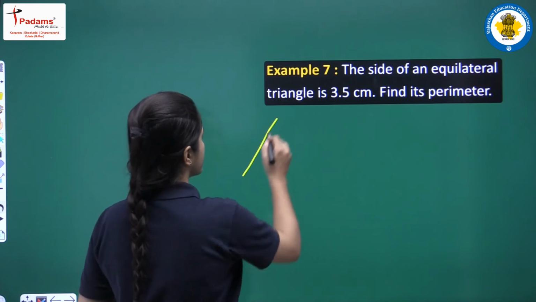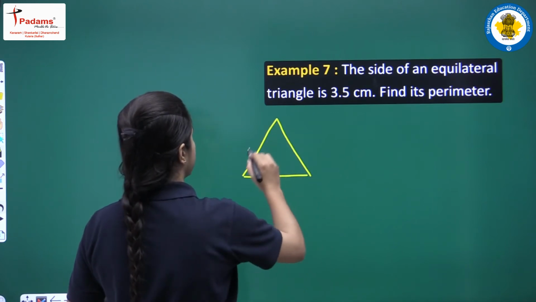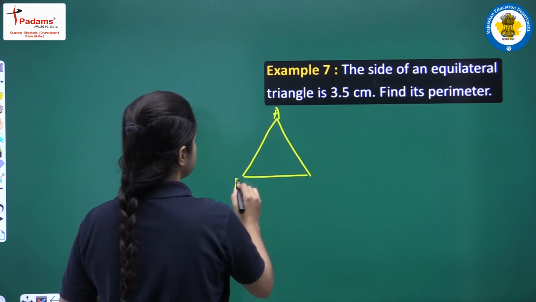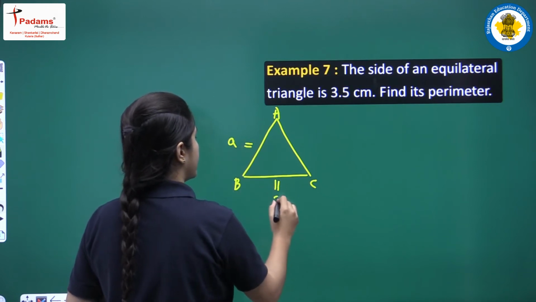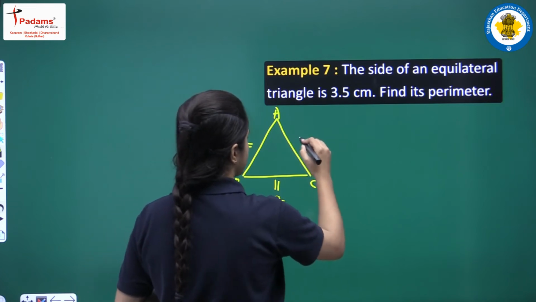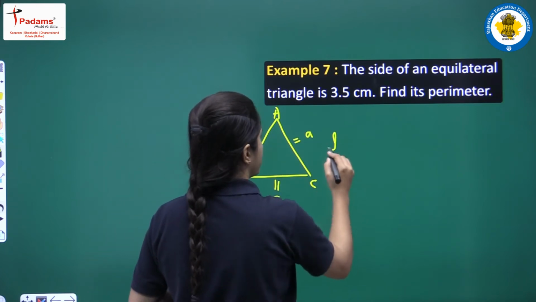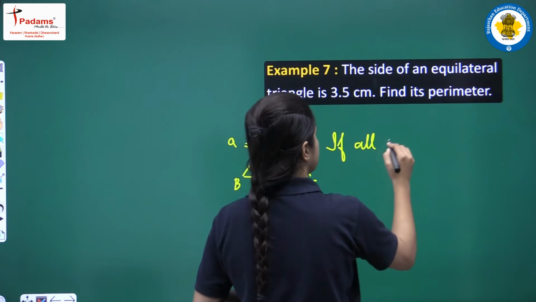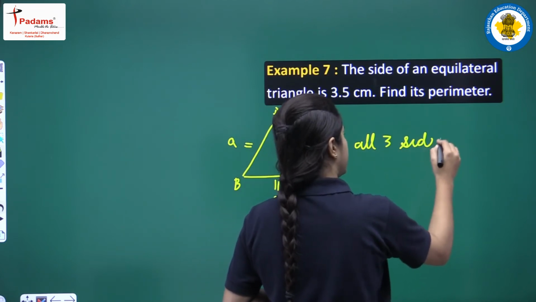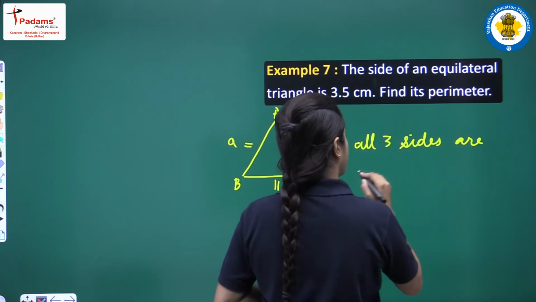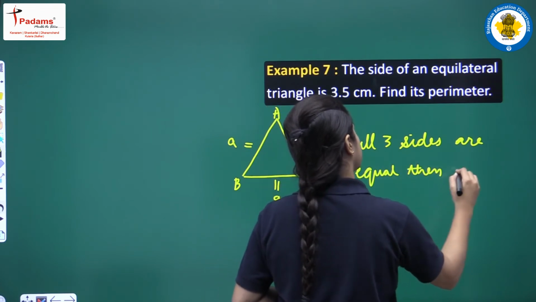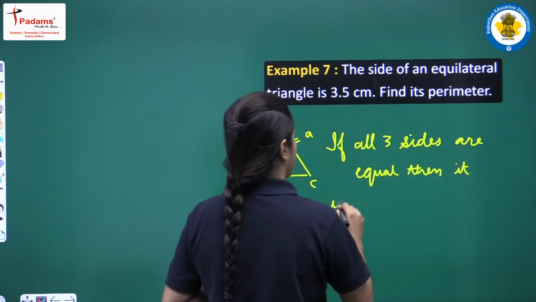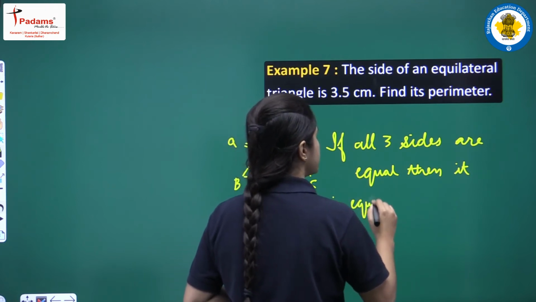So, if this is a triangle and all its sides are equal, like AB is equal to A, BC is equal to A, and AC is equal to A. If all 3 sides are equal, students, then it is an equilateral triangle. Alright, students.